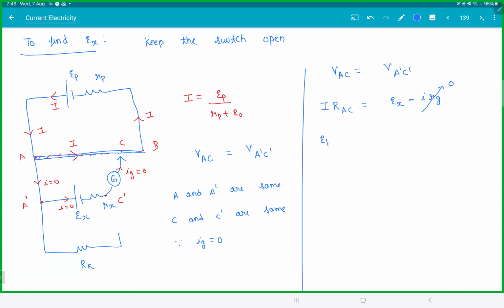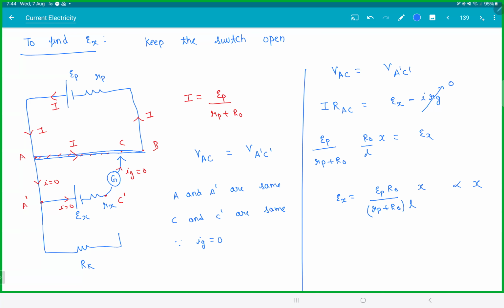So I will be EP by RP plus R0, and RAC is R0 by L into X, which is equal to EX. Done. There you have the EMF. EP is constant, R0 is constant, RP is constant, L is constant, into X. So EX is proportional to X. Is the idea clear, everyone?